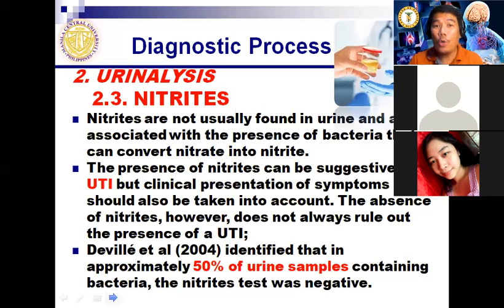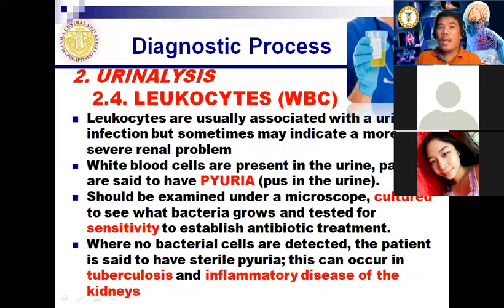Now, leukocytes. Leukocytes are usually associated with urine, as what I have told you. But remember this, the presence of leukocytes or WBC in the urine is indicative of a severe renal problem. Too much increase of WBC, and if it is also supported with the results of the nitrites, then it's very alarming.